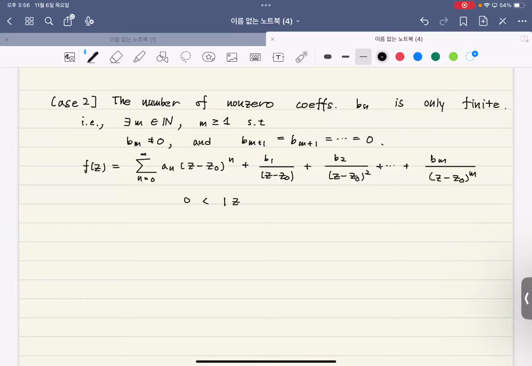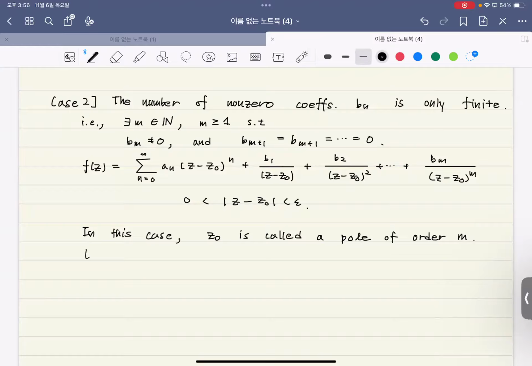So in this case, we say this singularity is a pole. z0 is called the pole of order m.